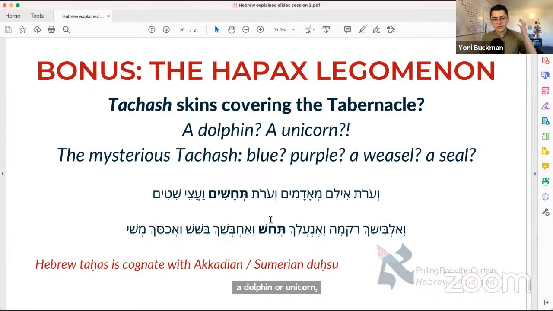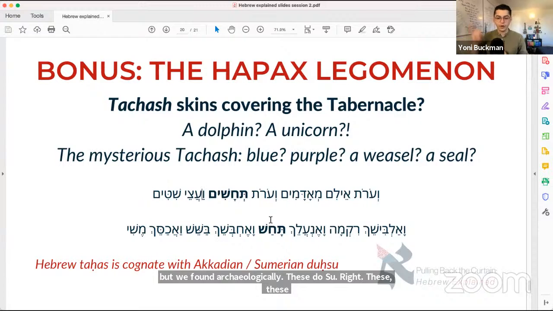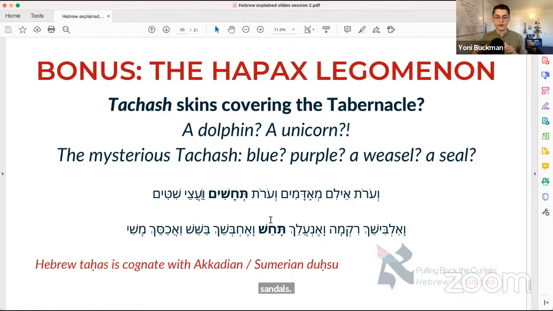Okay, and so why is it most likely what Tachash is? These were beaded leathers. So you would embroider leather with ceramic beads. And we found sandals, I think in King Tut's tomb, in ancient Egypt, and more and more archaeological evidence of these beautiful leathered skins that were embroidered with ceramic beads.